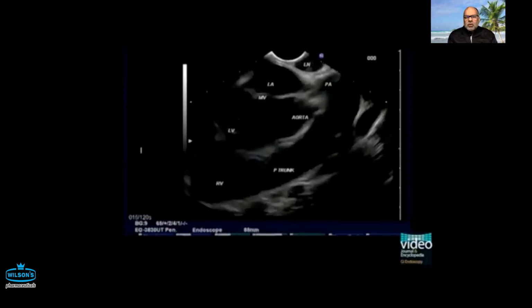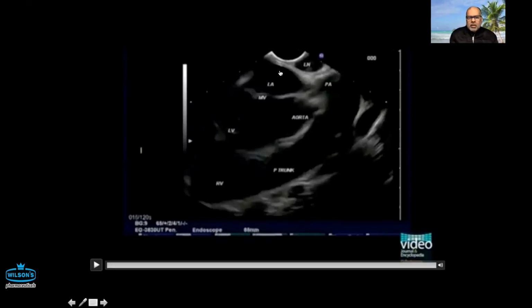These big vessels will tell you where you are. Even if you're new, you don't have to look at the azygos and all those things because they're not important. What is important is that you recognize clearly that this is the left atrium, this is the pulmonary artery, and this is where the lymph node is. And if you recognize the AP window, that's good enough.